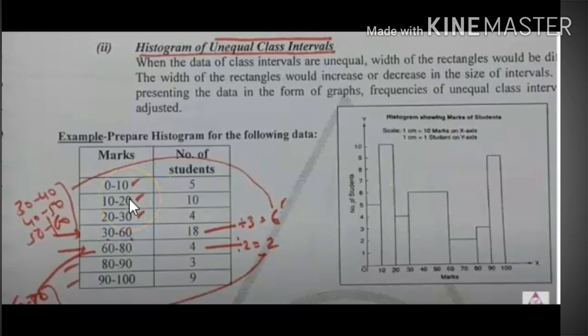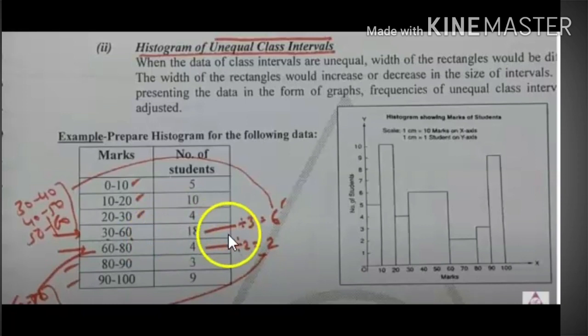Here 0 to 10, 10 to 20, 20 to 30, the data is going in the same direction; the intervals are the same, 10. Then you can see 30 to 40 is one interval, 40 to 50 another, and 50 to 60 the next. So three intervals have come together, and the number of students is marked as 18.